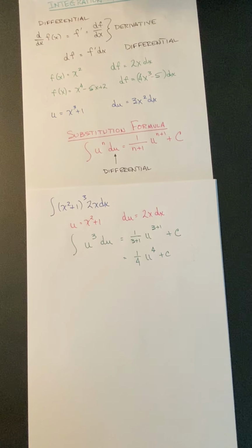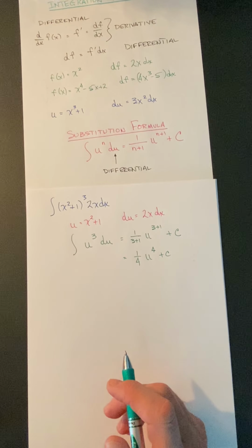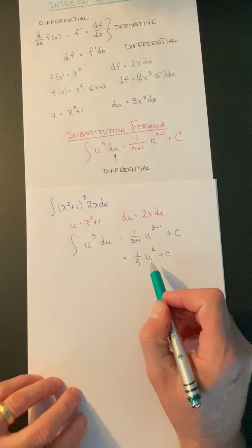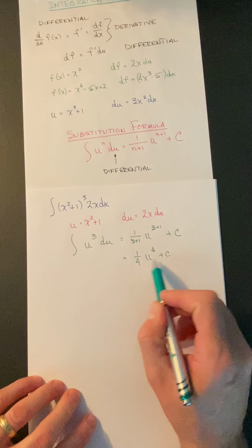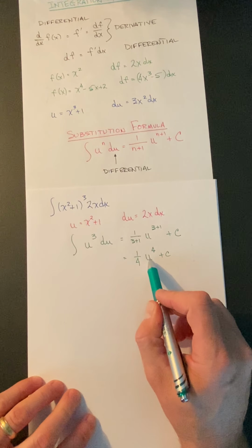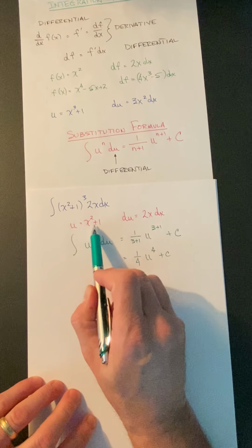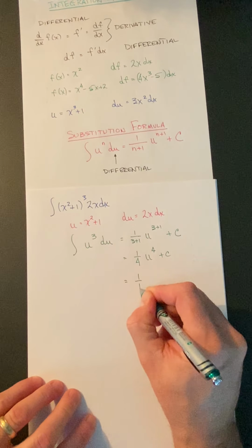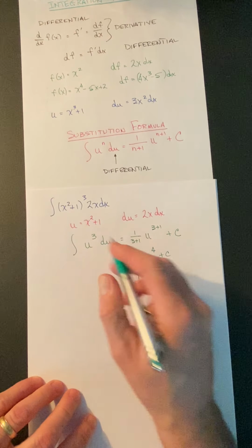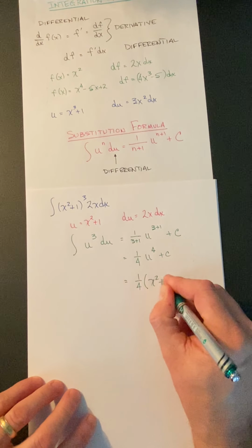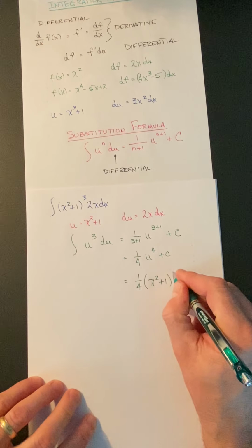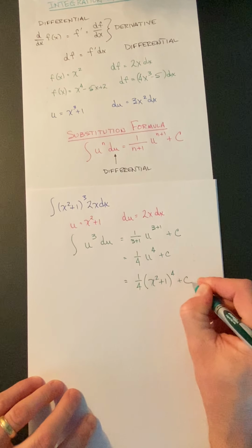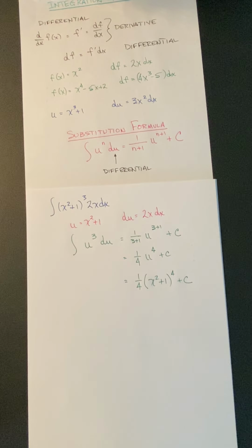I mean, all I'm doing is just following my formula there. Well, now that I'm done, guess what I can do? Since I have no more operations that I can do here, I can simply substitute back in for u and say that this is 1/4 of x squared plus 1 to the 4th power plus c, okay?